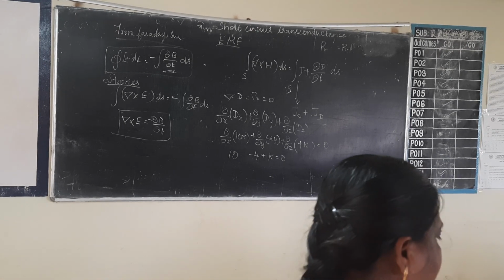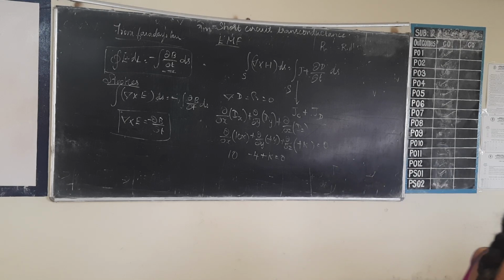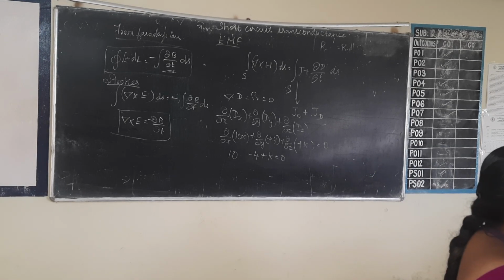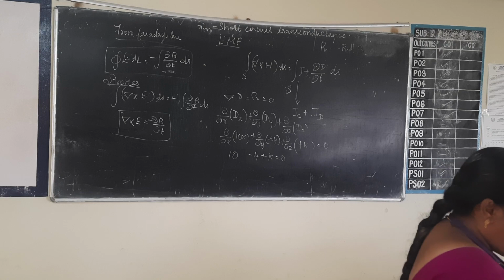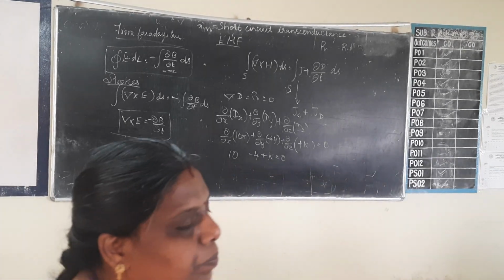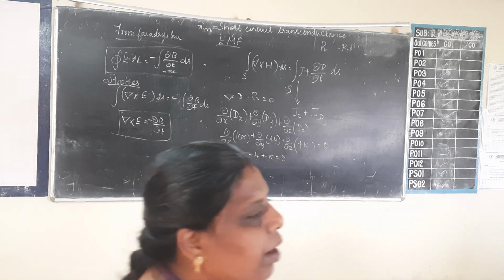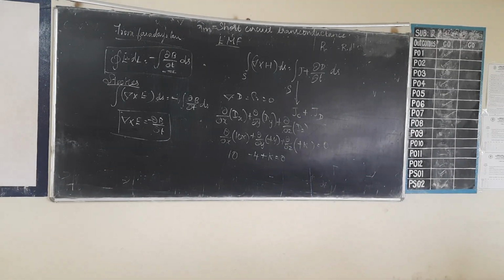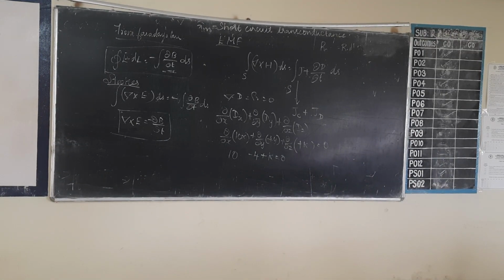Find H of 0 comma t. Sorry, z comma t. Somebody can read the problem.